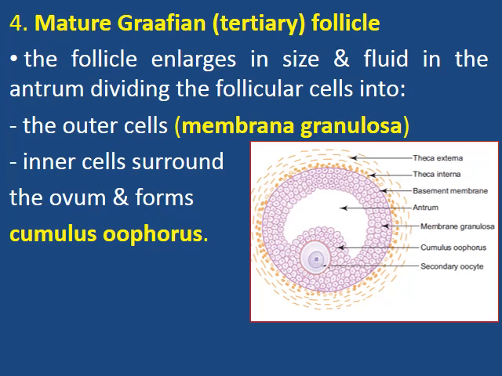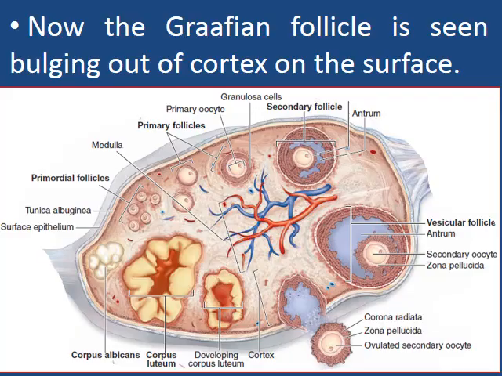In this picture you can see the granulosa cells, a single antrum, and some granulosa cells covering the oocyte. These are cumulus oophorus. Now the Graafian follicle is seen bulging out of cortex on the surface. In this picture you can see one Graafian or mature follicle bulging out from the ovary.